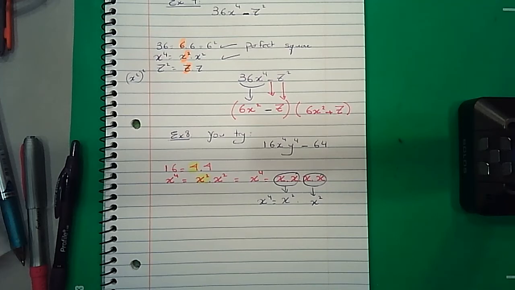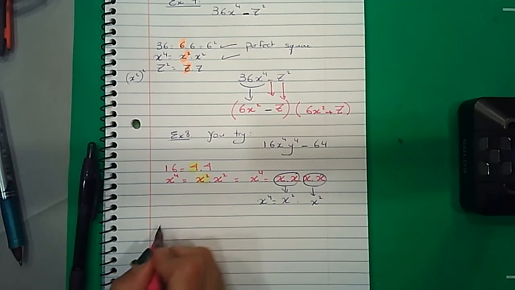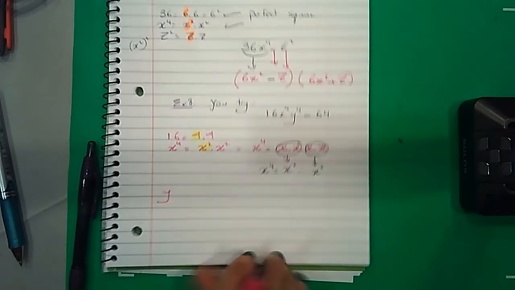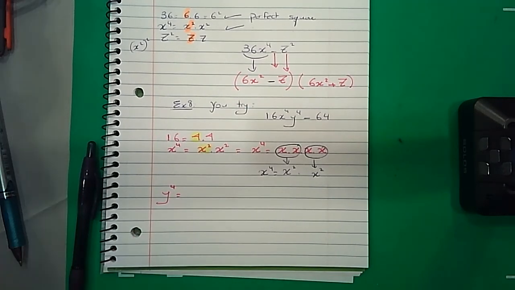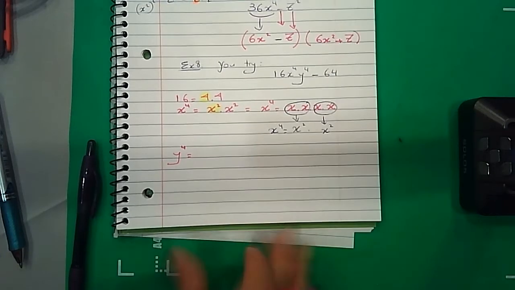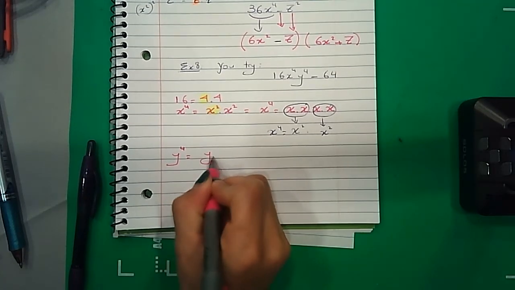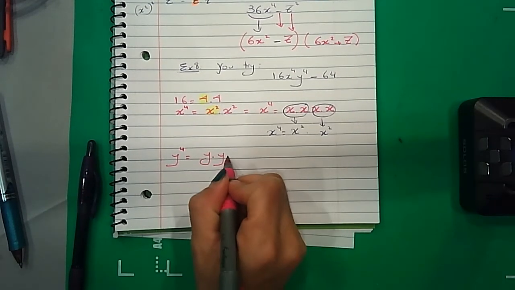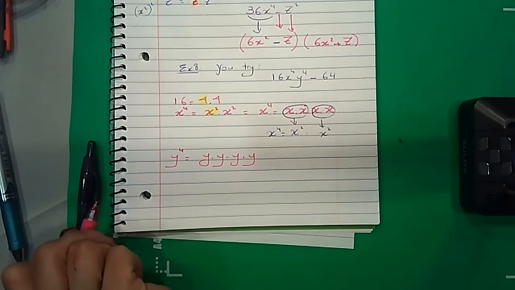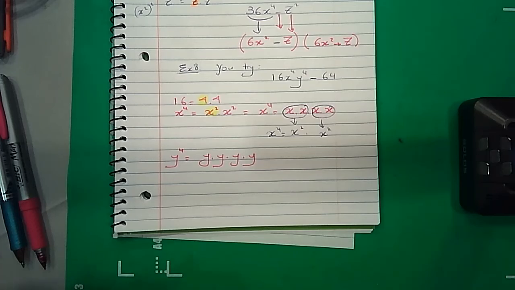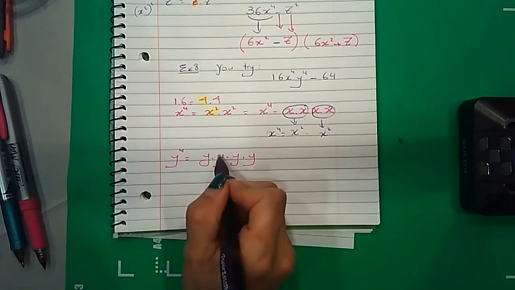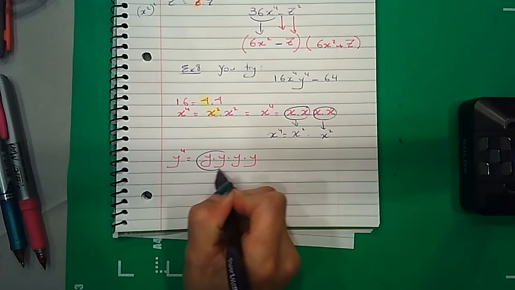Now let's go ahead and check the y to the 4th power. And I'm going to actually break it down. y to the 4th power is going to be y times y times y times y. So since I'm looking for perfect squares, the word square means we need to group them in groups of 2.